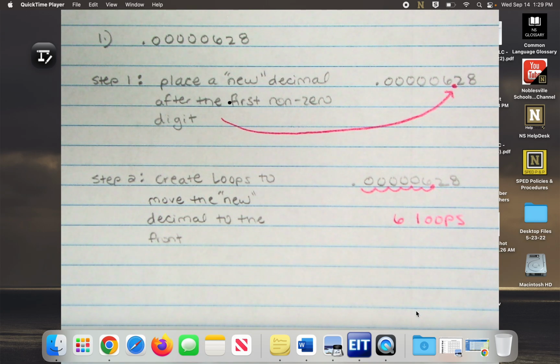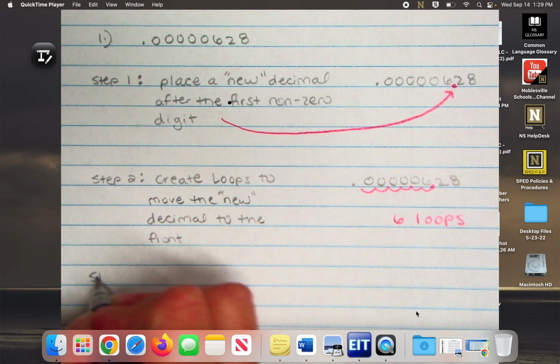We count our loops to the left, negative exponent. On the previous one, we counted our loops to the right, positive exponent. Go look at it. I know you guys wrote it down yesterday, right? So which direction we move our loops tells us positive or negative exponent.